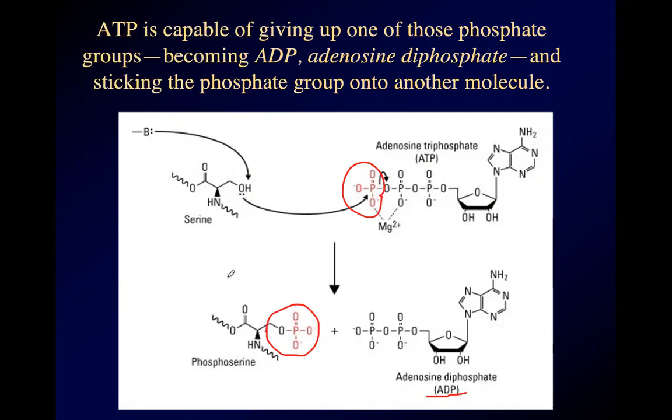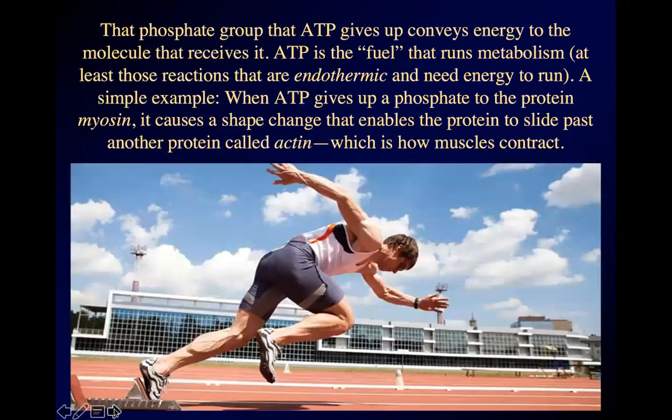So ATP goes around sticking phosphates onto other molecules. And the reason that matters is getting a phosphate group stuck onto a molecule gives that molecule a kick of energy. What ATP is doing is transferring energy to the molecule that gets a phosphate group stuck on it.